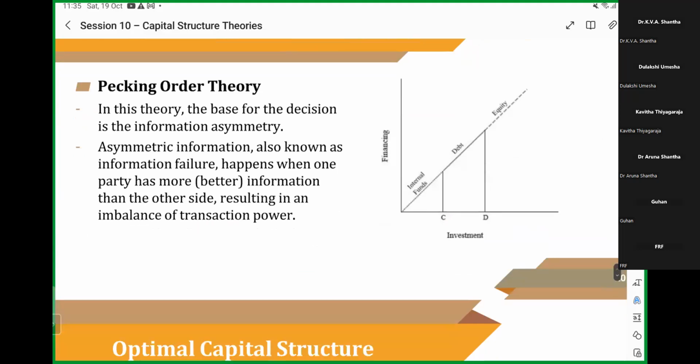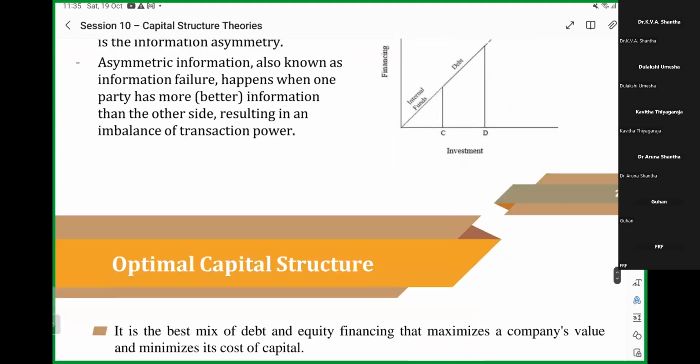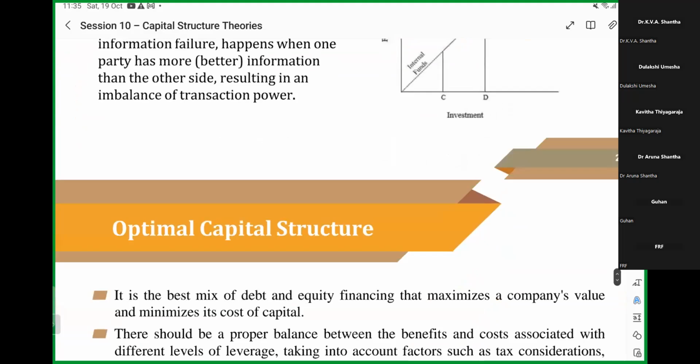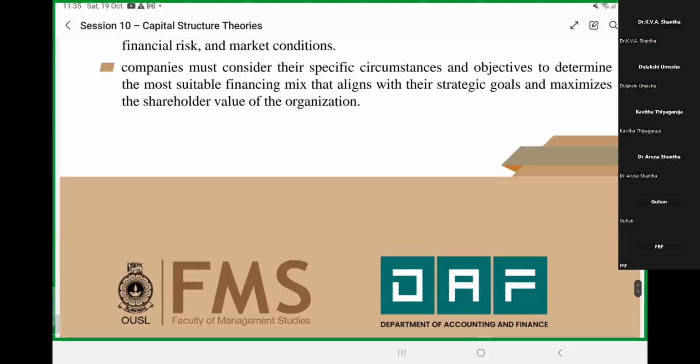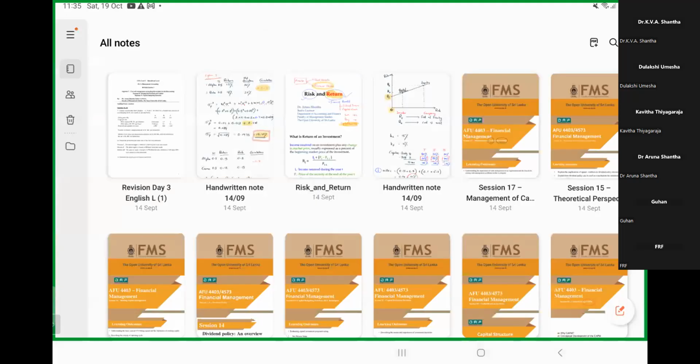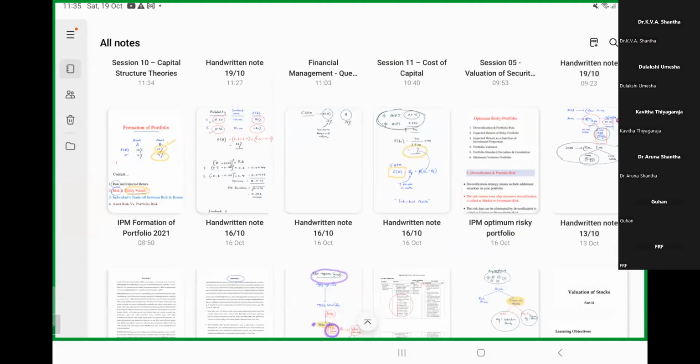Then you studied about dividend, dividend policy. So this theoretical understanding you should have.